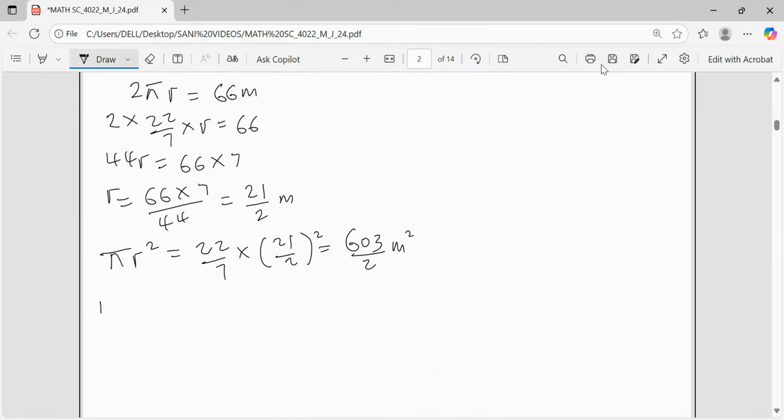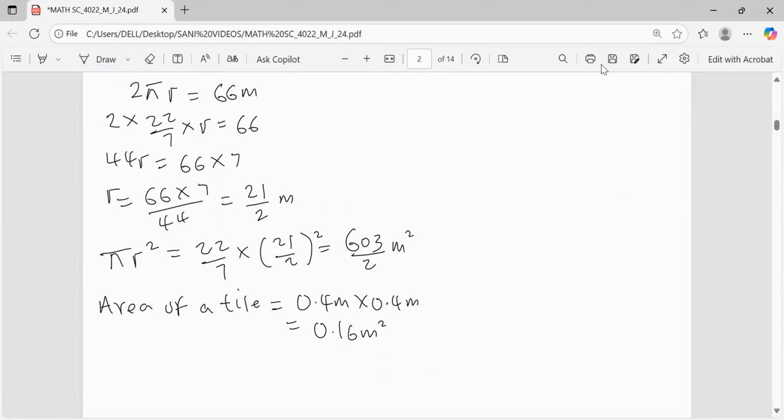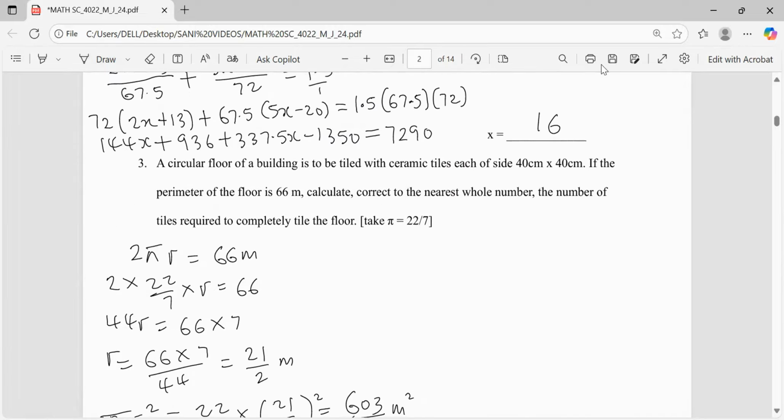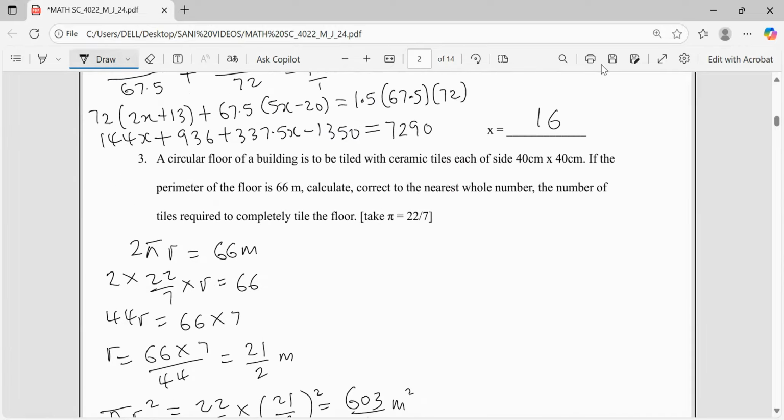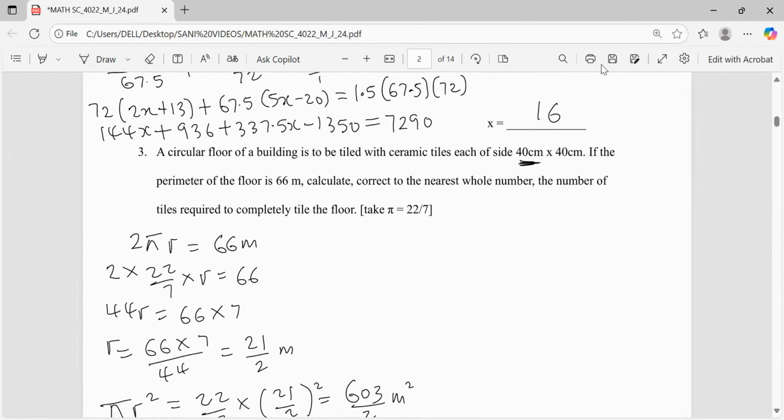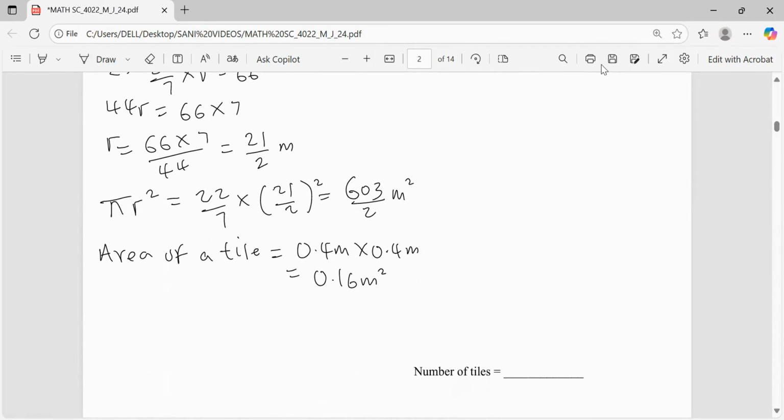So area of a tile is given as 0.4 meter times 0.4 meter, which is 0.16 meter squared. In the question, we are given 40 centimeter. So when you convert 40 centimeter to meters by dividing by 100, we have 0.4 meter.